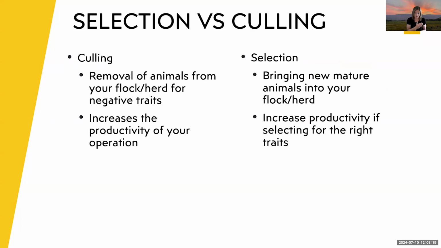And so you want to get rid of those animals so you can increase your genetic capability and your production ability. Selection, on the other hand, these may be animals that you already have, but they're the new ewes and does that are going to be coming into your flock as replacement animals, and you're going to want to make sure that you're selecting those animals based on what they can bring to your flock as far as your genetic potential and your production capabilities.